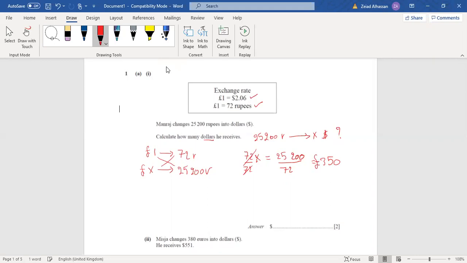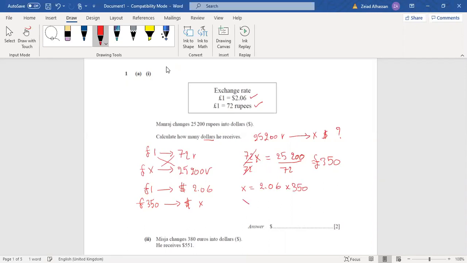Okay, now let's use the first one. If every £1 is equal to, in dollars, that's 2.06. So what is £350? What is in dollars? That's your x. Let's do cross multiply. So 1x is equal to 2.06 times 350.